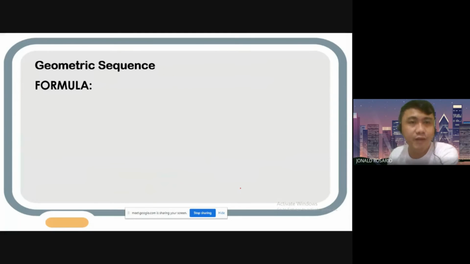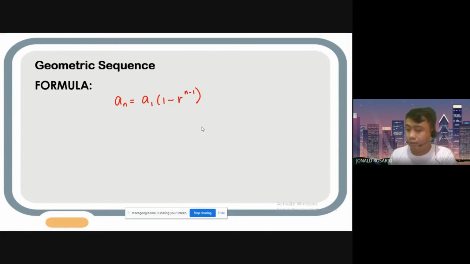Okay, so what is the formula for the geometric sequence? The formula for the nth term is equal to a sub 1 times r raised to n minus 1. Okay, so that's the formula. Correct me if I'm wrong on the formula.